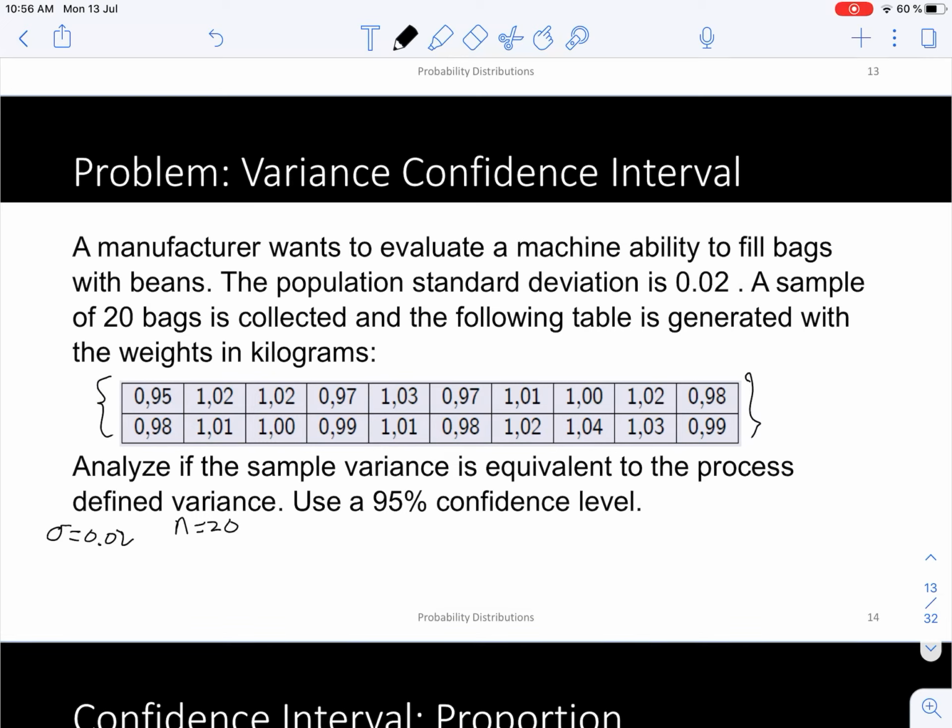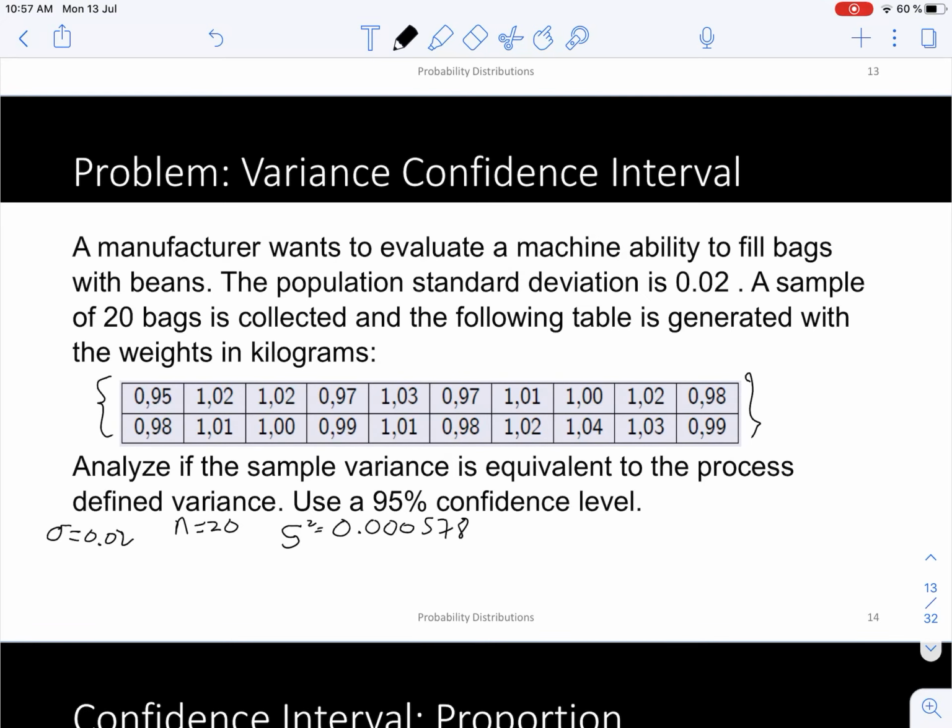We have sample information. Now, using the sample information, it is possible to estimate the variance value. The variance value, S squared, is equal to 0.000578. That's the sample information, right?